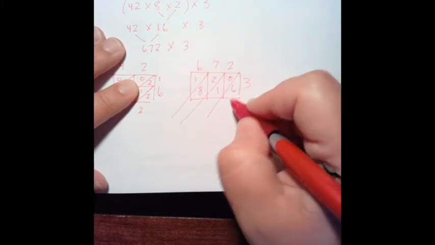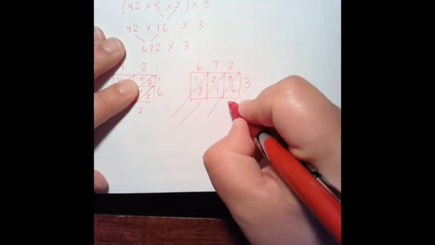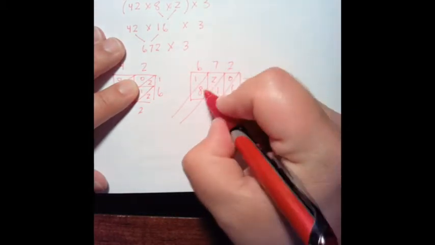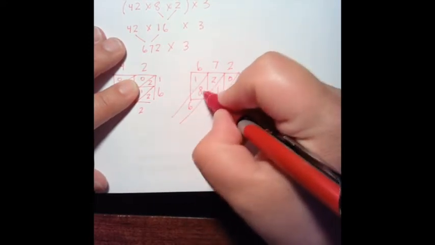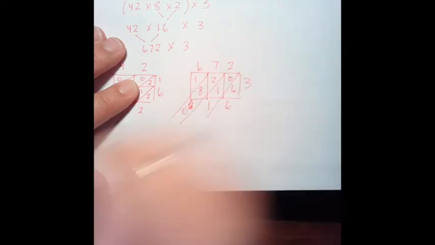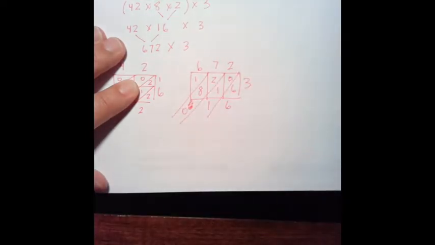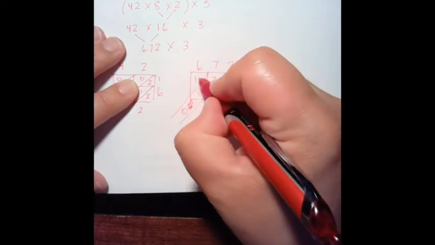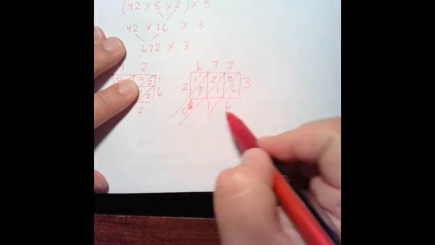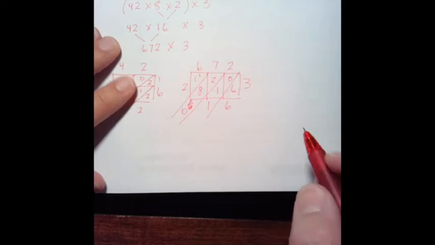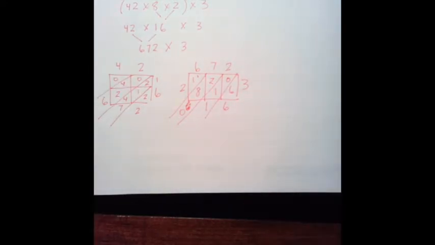You add your diagonals. Oh, I'm sorry, I multiplied. 8 plus 2 is 10. I apologize about that. You've got to carry the 1 over here. 1 plus 1 is 2. So your answer is 2016, so your answer over here is $2,016.